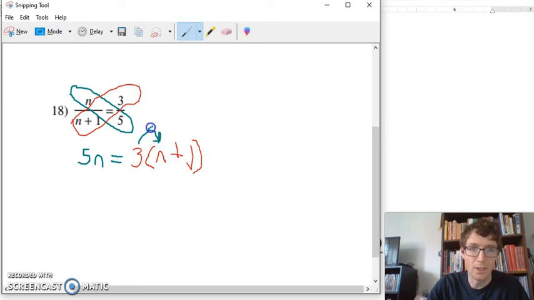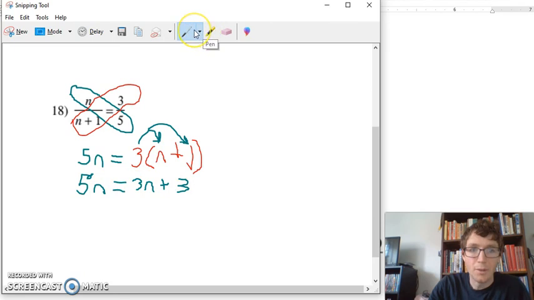So we have 3 times n, and we have 3 times 1. We still have the 5n over here, so I'm just going to copy that down. So 5n is equal to, what's 3 times n? That'll be 3n. And what's 3 times 1? That'll just be 3. So 5n equals 3n plus 3.